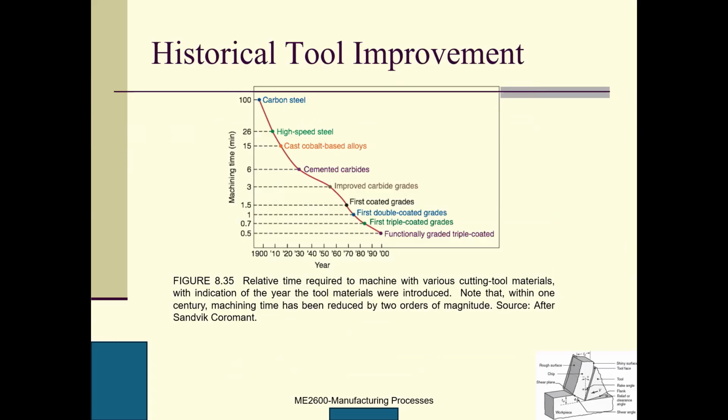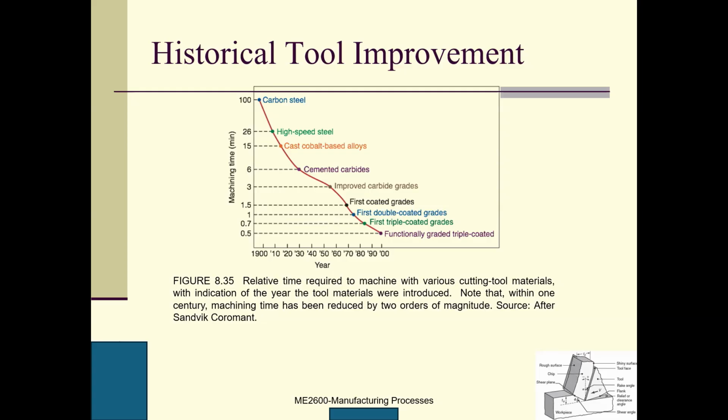Here is the starting steel. Then there's high-speed steel, cast cobalt-based alloy, cemented carbides, improved carbide grades. And the first coated grades are here, at this time around 70. Then the first double coated, the first triple coated, and the functionally graded triple coated.